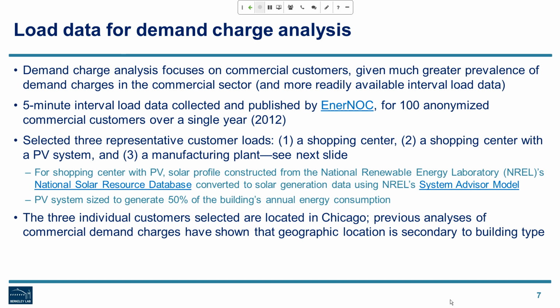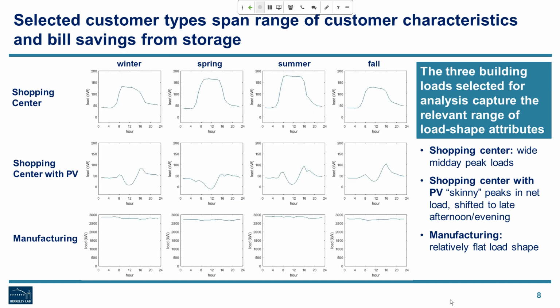The 3 individual customers chosen are located in Chicago, but previous analysis that we've done of commercial demand charges has shown that building type is much more important than location in determining those demand charge levels. On this slide, we see the average seasonal loads for the 3 selected customers, which again were selected so that the analysis captures a range of load shape attributes.